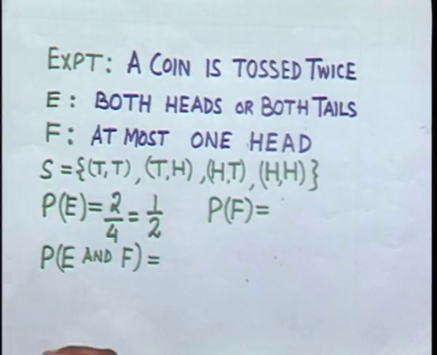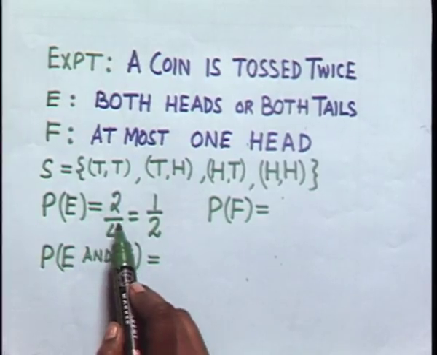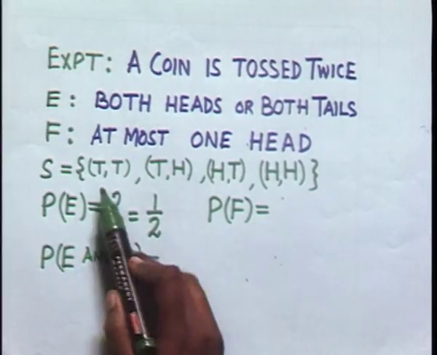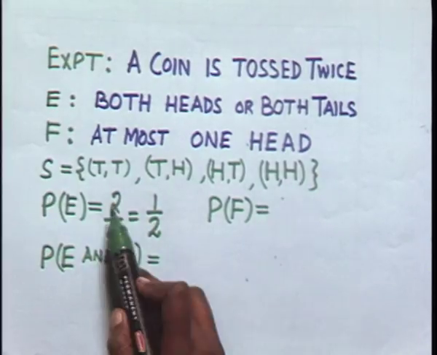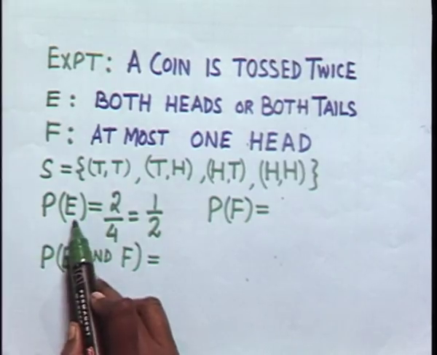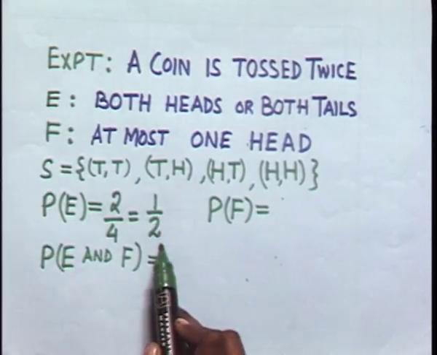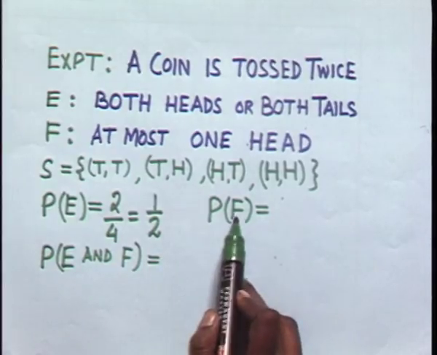Event F is defined as getting at most 1 head. Event E will have favorable outcomes, 2 tails or 2 heads, therefore 2 upon 4 will be the probability of event E, that is equal to 1 upon 2. Event F is defined as getting at most 1 head.